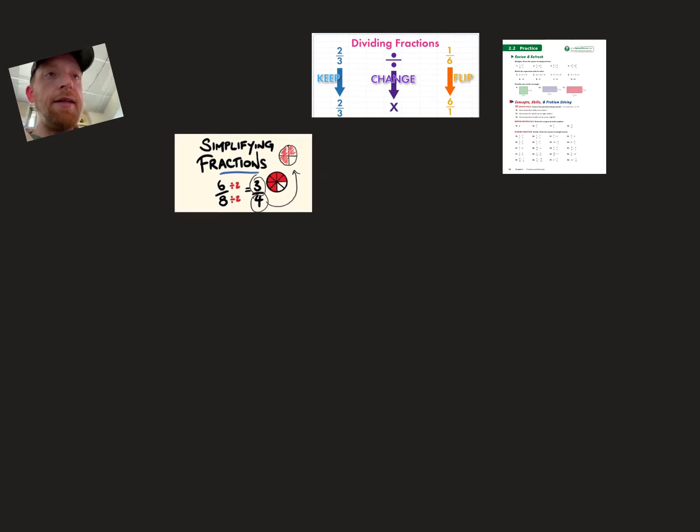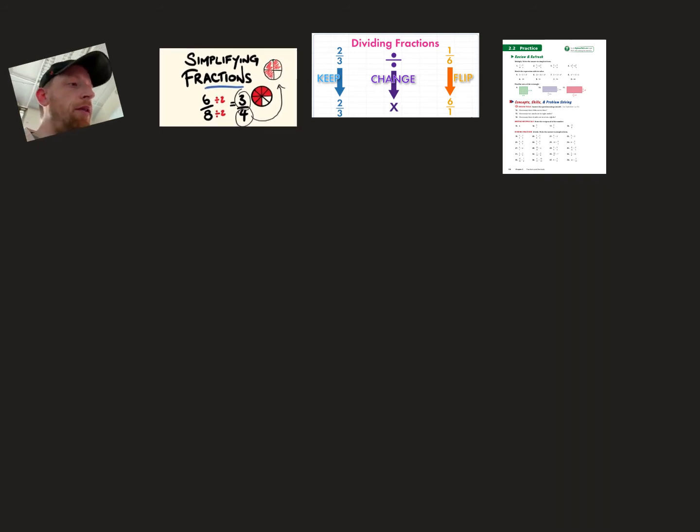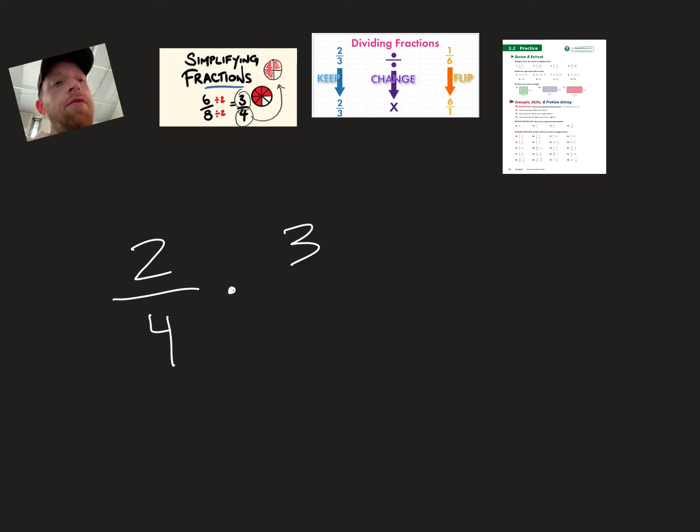Another way that some of you might be familiar with is when you're working with an operation. Let's say you're doing 2/4 times 3/8. Another way of simplifying is a method called cross simplifying.